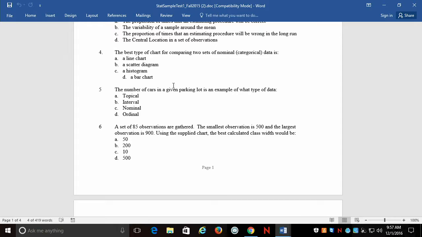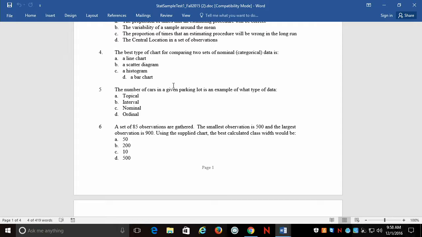The number of cars in a given parking lot, for example, what type of data? So there's 80 down here, 300 in JFK, 20 over in De Gaulle. Those are numbers, so what type of data is real numbers? Interval, right, very good. If I'm talking about marital status, like married, single, widowed, divorced, gender, male, female, religion, what is that?